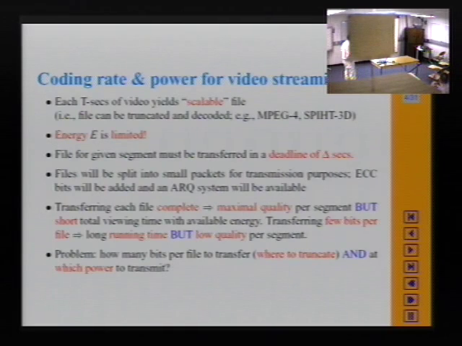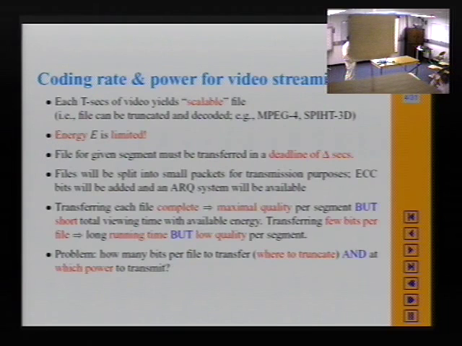Some of the standards, for example MPEG-4, have that feature, and also some of the image standards like JPEG 2000 support that scalability. Now, in this case, the energy is limited, and because this is video, there is a deadline, so that for a given segment, the file corresponding to that segment has to be received at the other end within a given deadline.